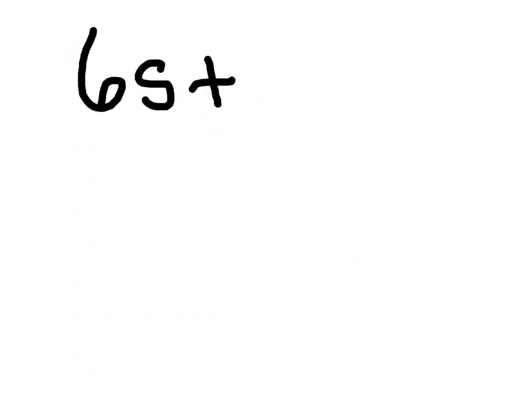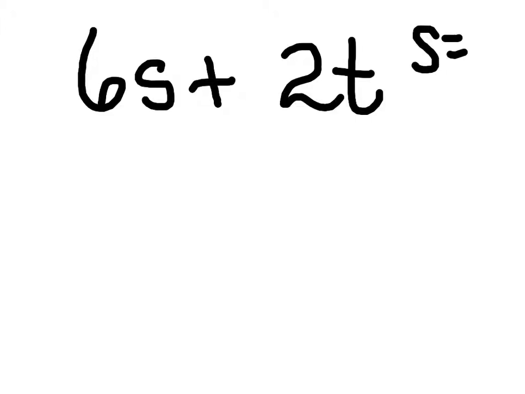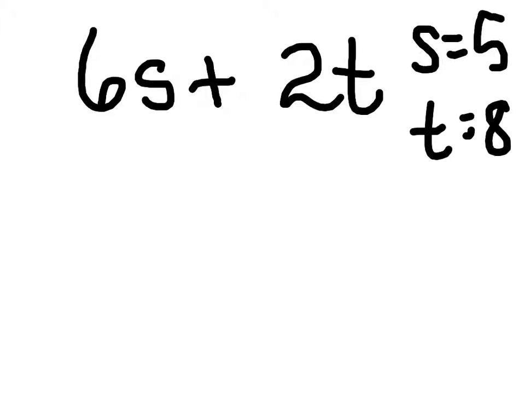Now let's do one with some coefficients. So if I had 6s plus 2t, that just means 6 times s plus 2 times t. And I was given that s equals 5 and t equals 8. We're going to substitute those values in.